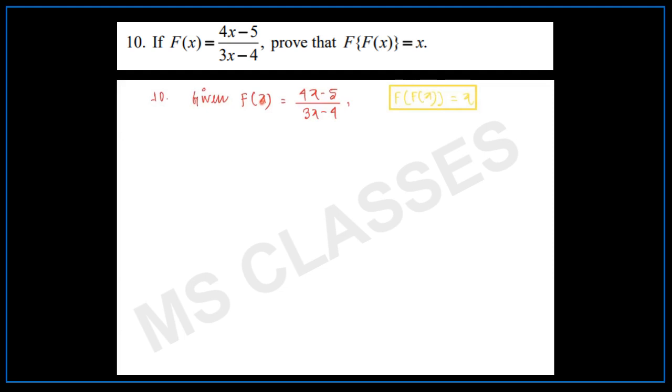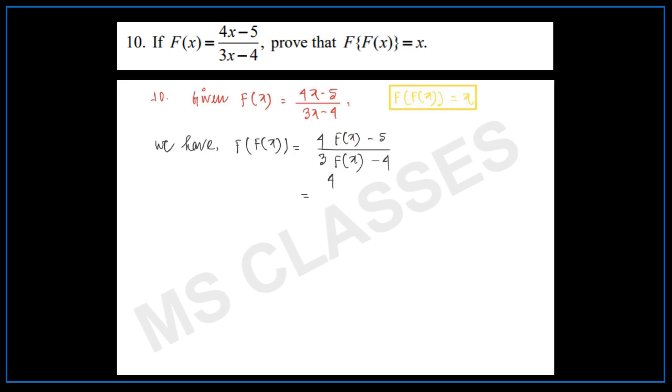So we can start in this way, that we have f of f(x) equals to (4 f(x) minus 5) by (3 f(x) minus 4). Now since f(x) is given, we substitute the value here.